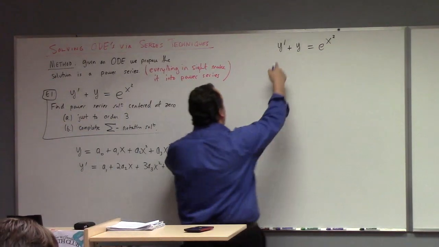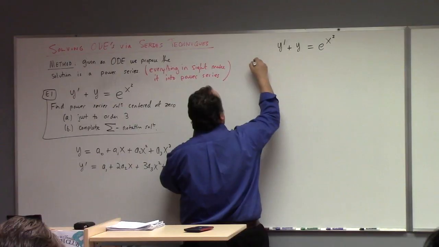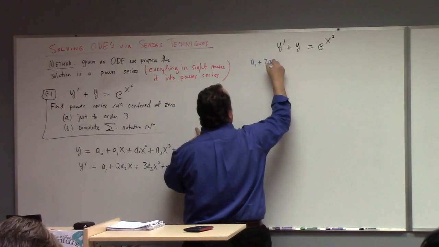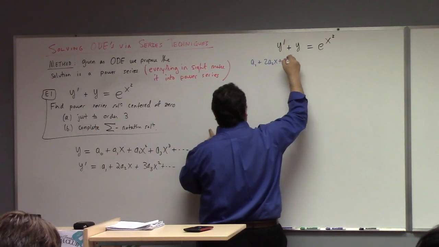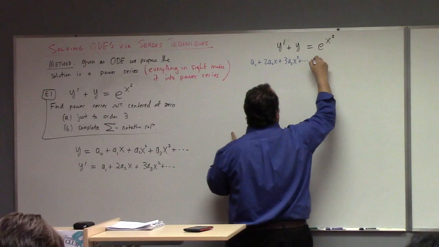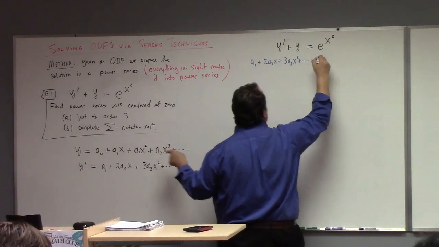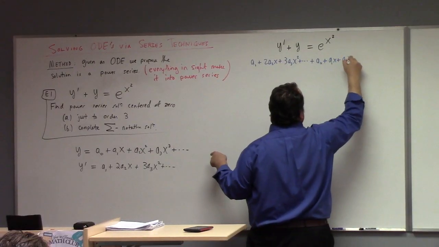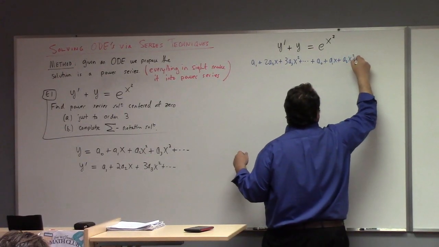My y prime is a1 plus 2a2x plus 3a3 x squared plus dot dot dot. And then my y is what? Well, a0 plus a1x plus a2 x squared and so forth.